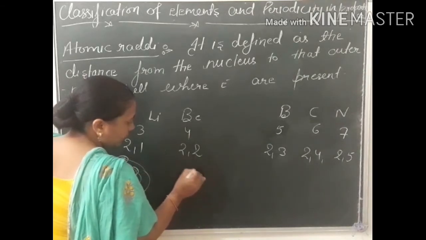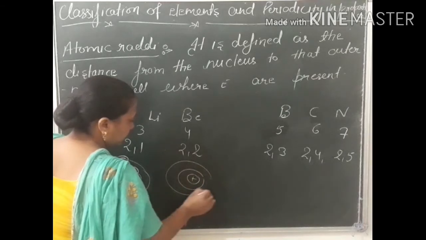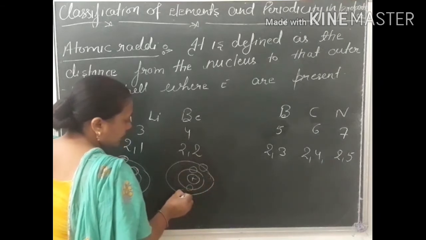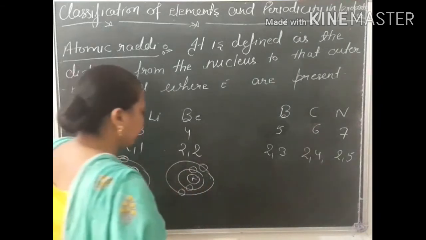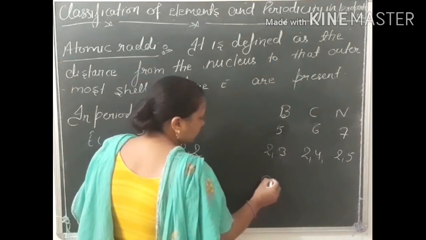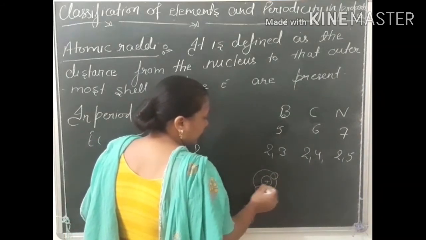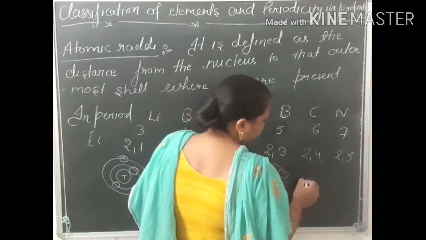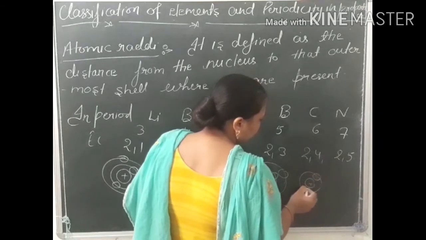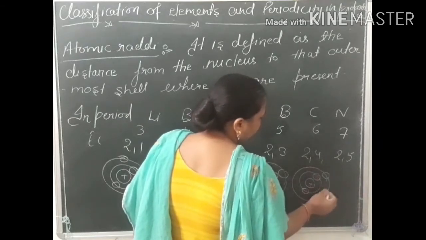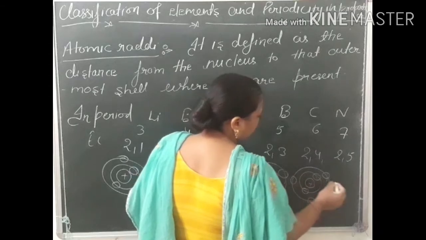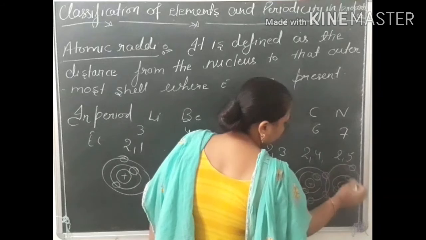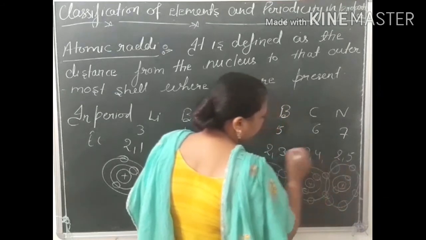Here in the first shell there are 2 electrons, and in the outermost shell 2 electrons. In the case of boron, this is the nucleus, the first shell, and the outermost shell has 1, 2 and 3 electrons. In the case of carbon, there are 4 electrons in the outermost shell, and in nitrogen 1, 2, 3, 4 and 5.